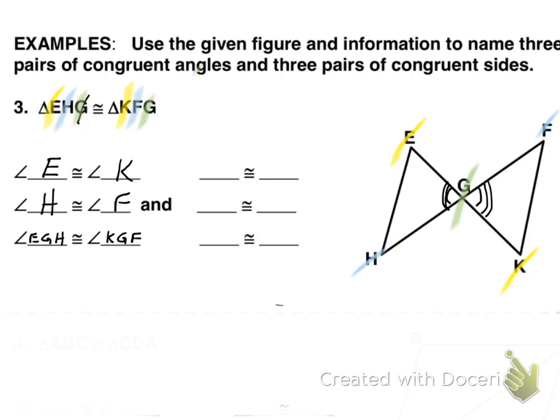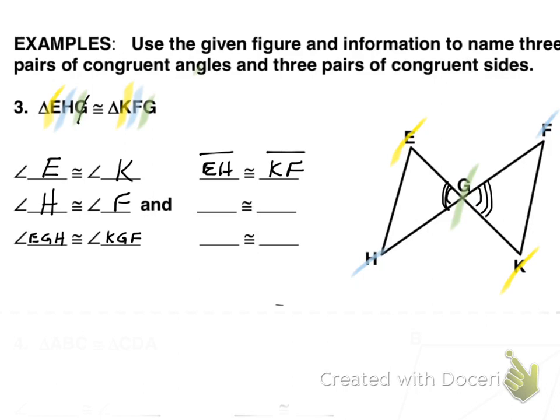Okay. Now what about sides? Okay. Side EH would go with side KF, and go from yellow to blue in this case, or from the starting angle that's congruent to the other matching congruent angle for that side.